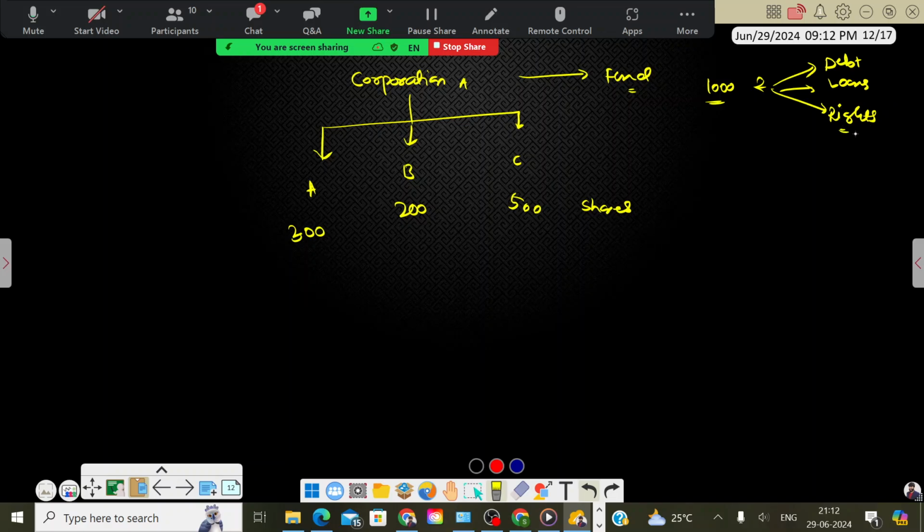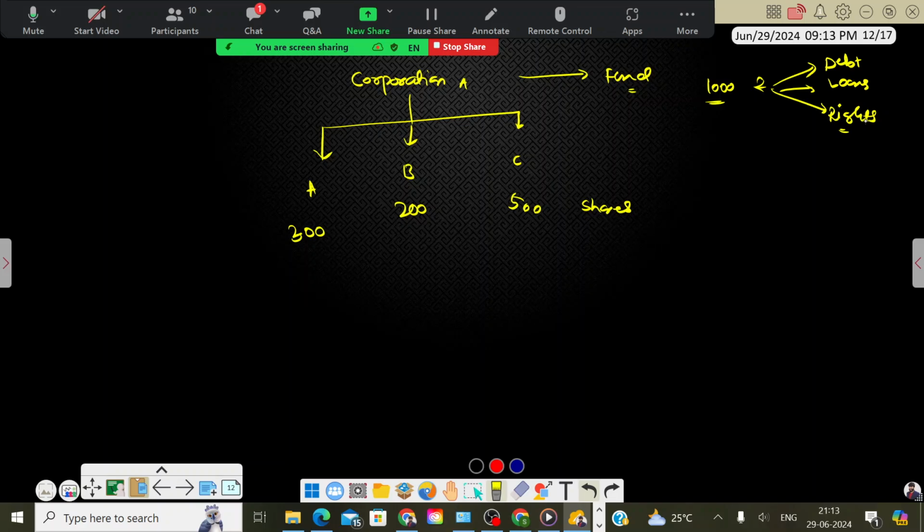Rights means they can sell rights, and the investors will subscribe to those rights. If they subscribe, then the company will ask for payment, and the company will process the stocks into the shareholders' accounts.